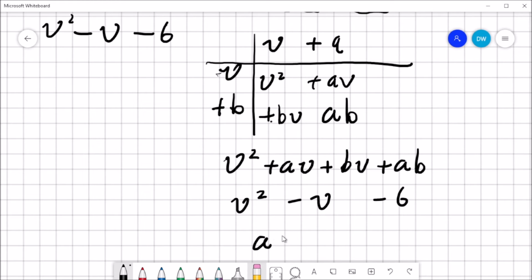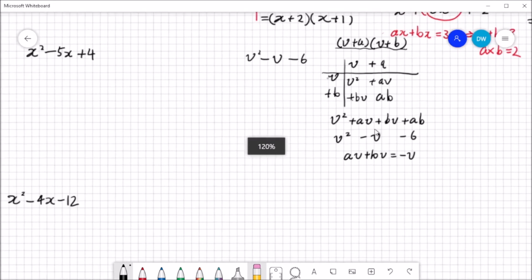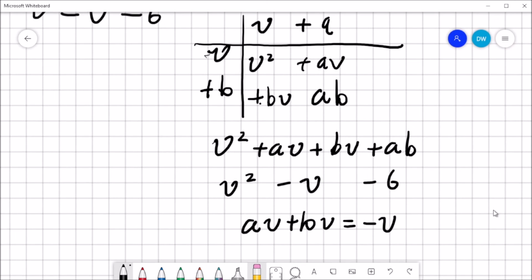So av plus bv has to be negative v, and a times b has to equal negative 6.